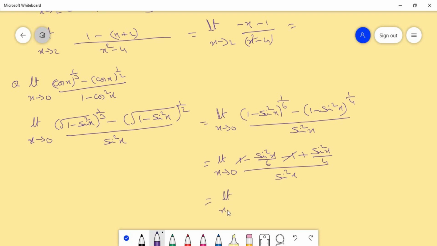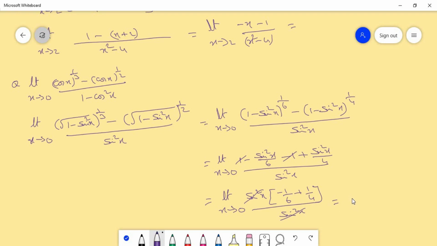Remaining limit x tends to 0. Taking sin square x outside, remaining is minus 1 by 6 plus 1 by 4, by sin square x. Both sin square x will get cancelled.